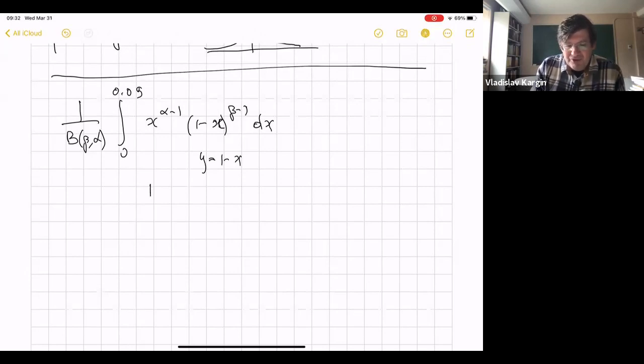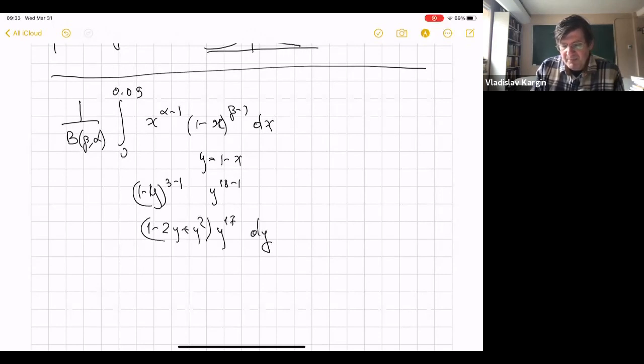You would get y to the power of 18 minus 1, and 1 minus y to the power of 3 minus 1. Even in this case it could be doable: 1 minus 2y plus y squared, times y to the power of 17 dy.